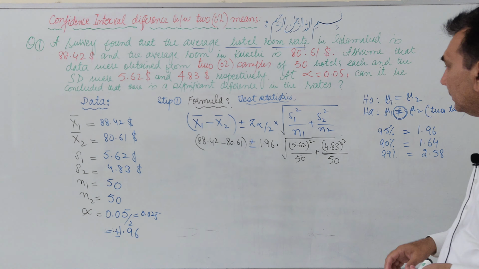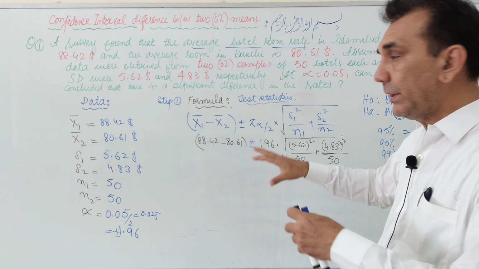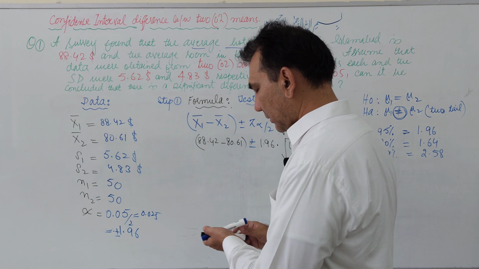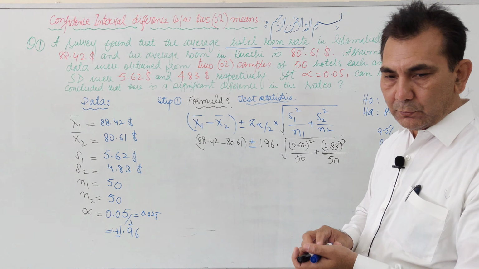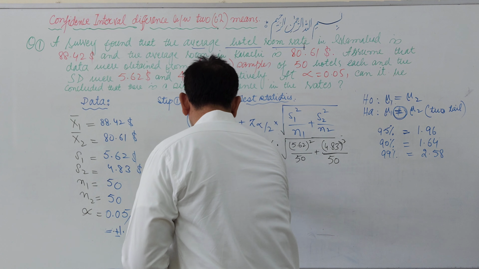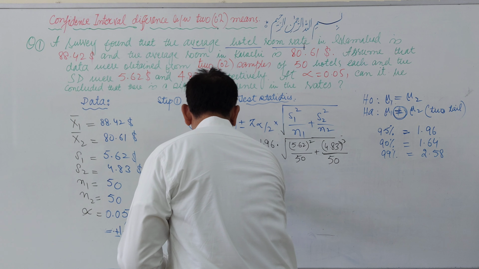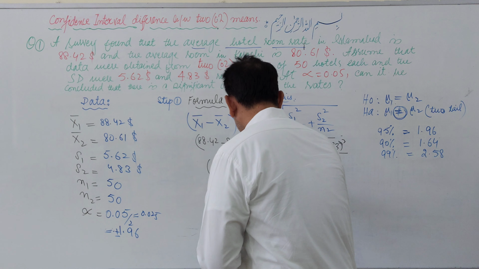After calculating all this, when we subtract 80 from 88.42, it will come up with 7.18, plus minus.